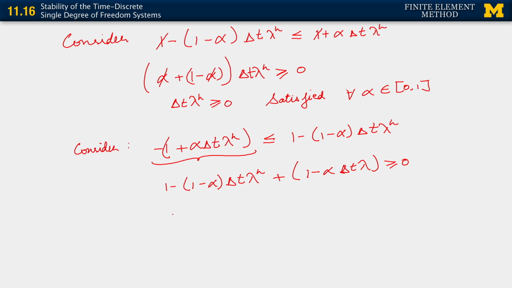Okay, continuing to work with it, this implies that 2 plus 2 minus 1, right, minus 2 alpha, wait a minute, what's going wrong here?